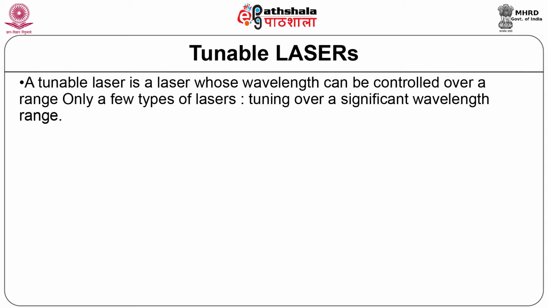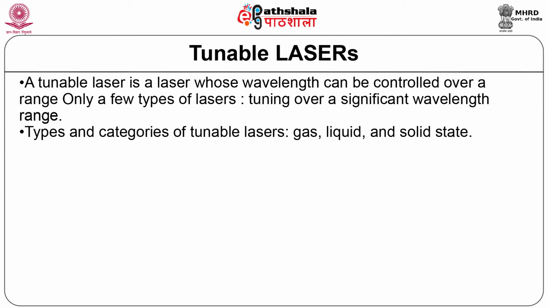Let us see the next type of laser, that is tunable lasers. A tunable laser is a laser whose wavelength can be controlled over a range. Only a few types of lasers allow continuous tuning over a significant wavelength range. There are various types and categories of tunable lasers.